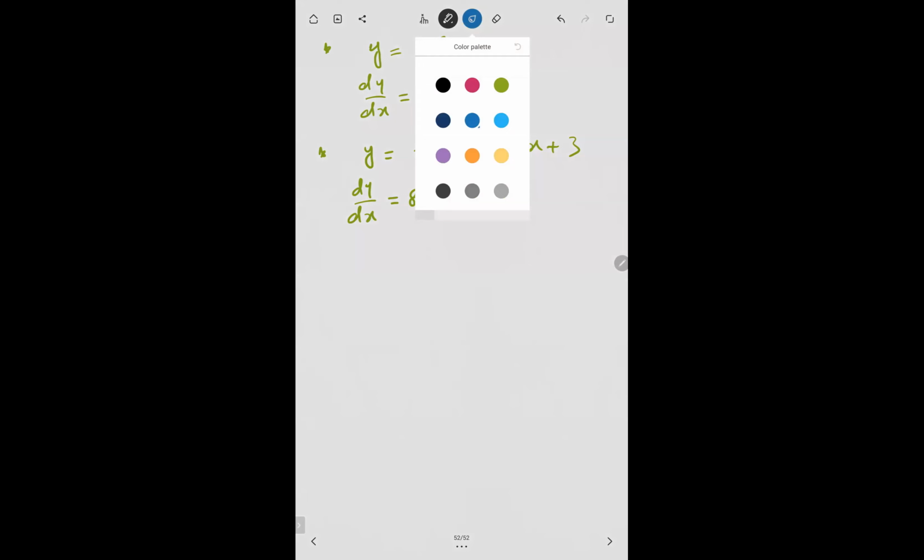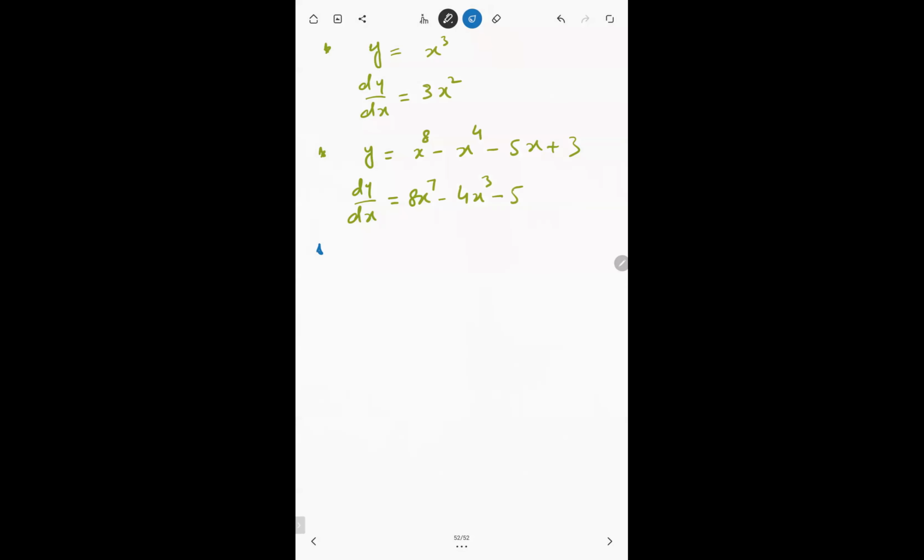Sometimes the question says differentiate, and sometimes the question will be, if y is equal to x4 minus 7x square plus 8x plus 11, find dy by dx. What does it mean? If the question says find dy by dx, it means he wants you to differentiate this equation.